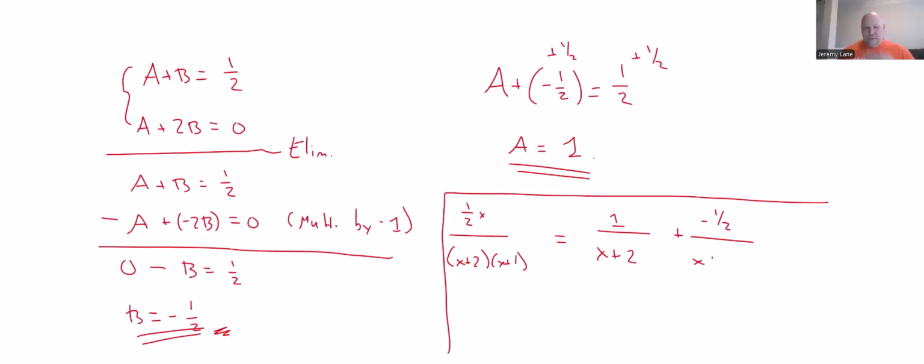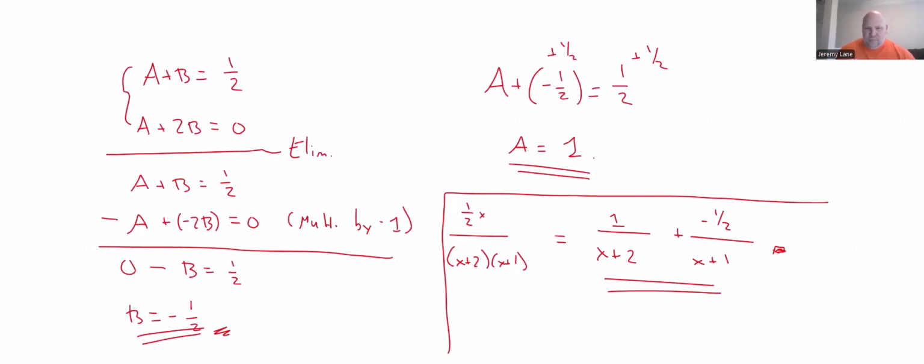Now, if you want to check this, you can, by simply adding these two things together. When you do that, you will find that this is my decomposition. And this is how you can do a partial fraction decomposition when you have two distinct linear factors. This is one example.